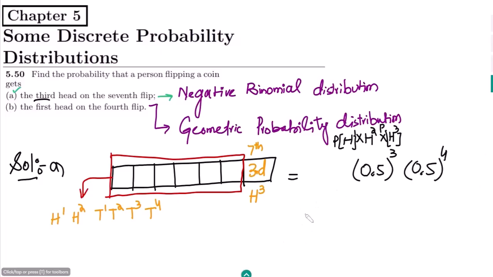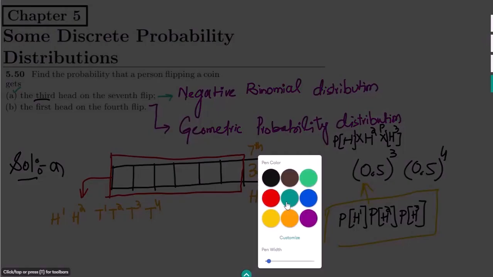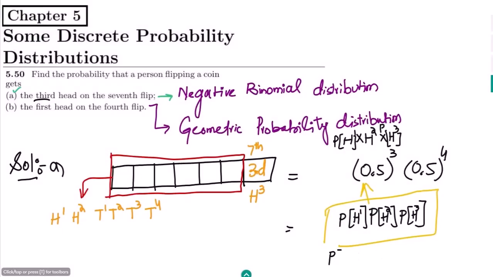More concisely, we can write it as P of H1 multiplied by P of H2 multiplied by P of H3, which is 0.5, 0.5, 0.5, and for the tails, P of T1, P of T2, P of T3 and P of T4.